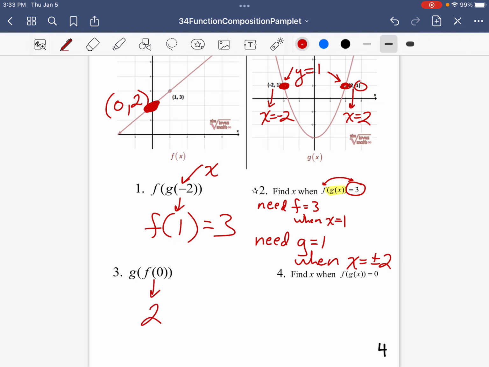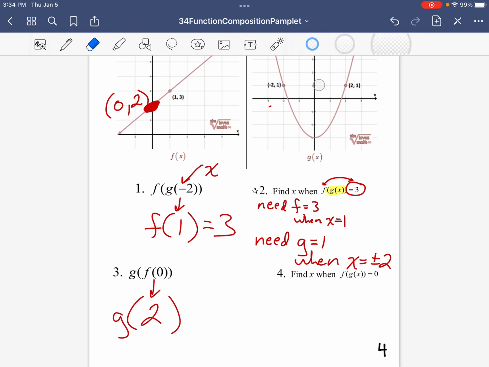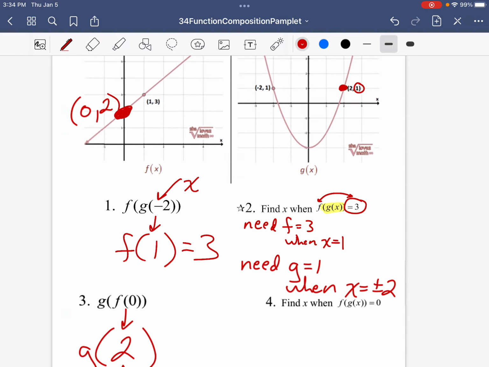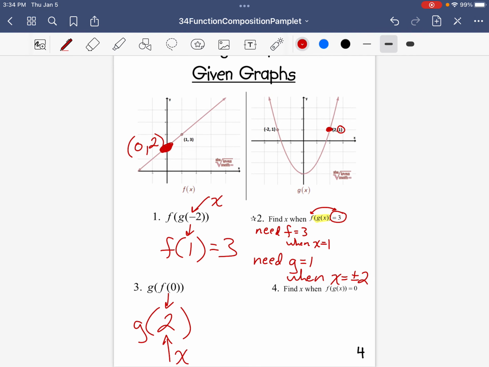So that means that f of 0 is actually 2. Of course, it also means I have to do g of 2. So go over here to my g function. I'm going to do g of 2. Remember now, 2 is the x value, and 2 is the x value at this point right here. So the value is 1. That is the value of g of 2.